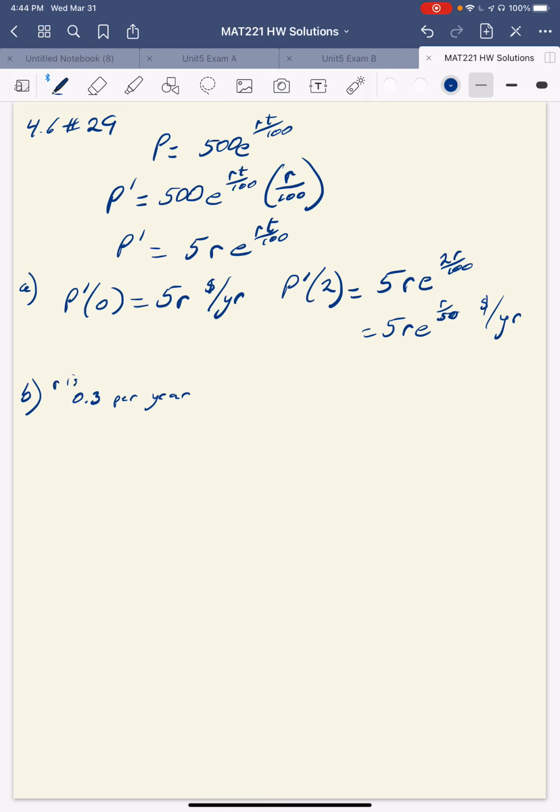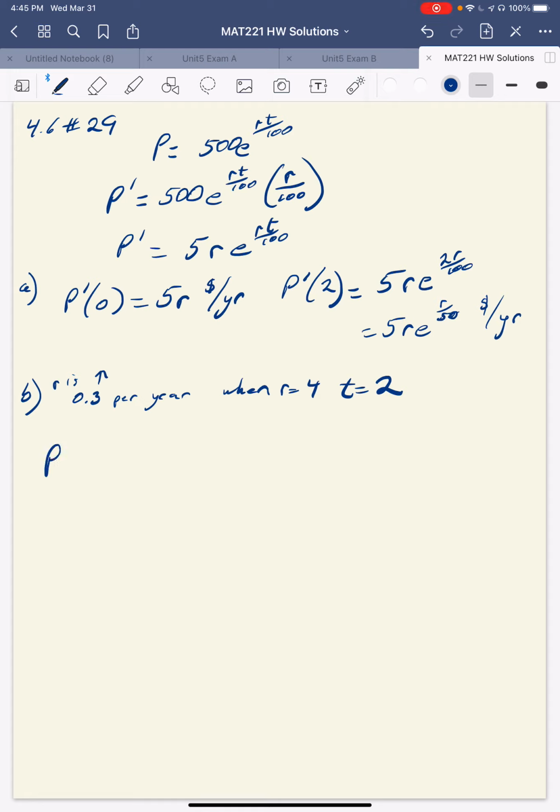So R is increasing 0.3 per year when R equals 4 and T equals 2. Okay, so it wants to know at what rate in dollars per year is the price increasing at that time. So again, we're taking the derivative with respect to T, but now R is no longer a constant. So we have to think about that when we're applying our chain rule.